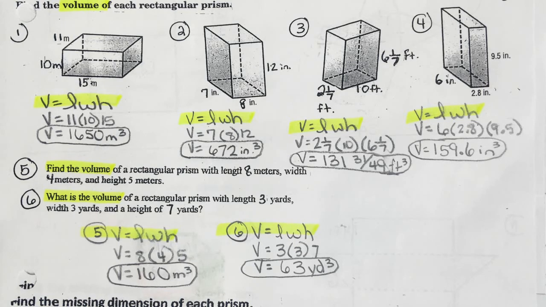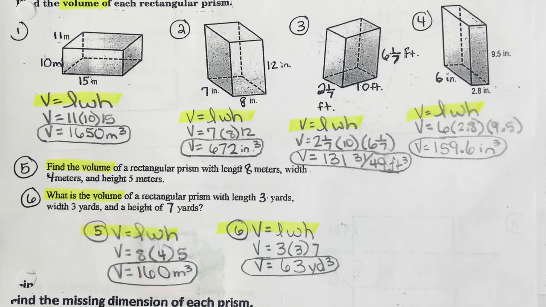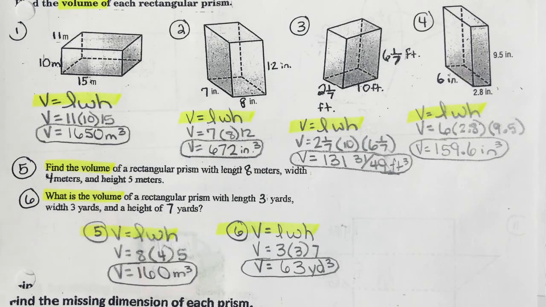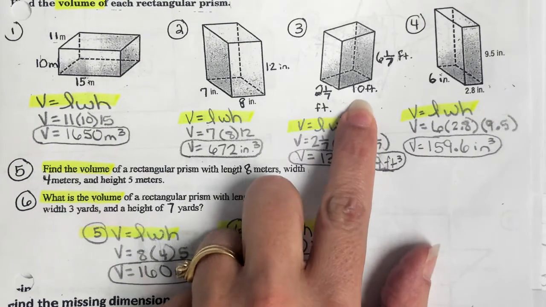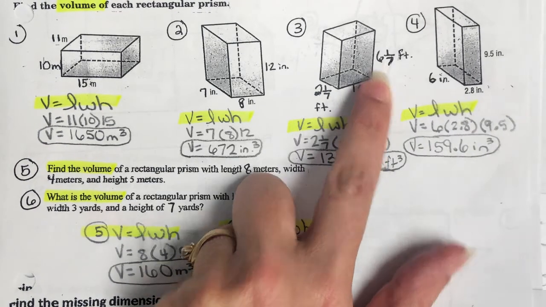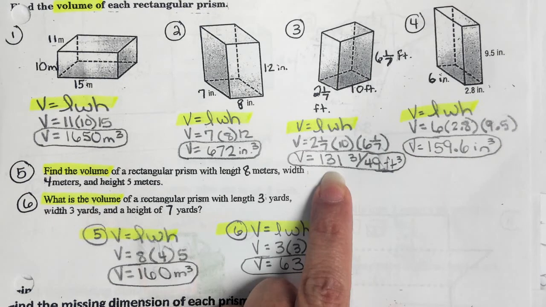Any questions on just 1 through 6? So volume equals... Now, going down to the missing one, I did ABC. I know 2 times 10 would be 20 times 6.